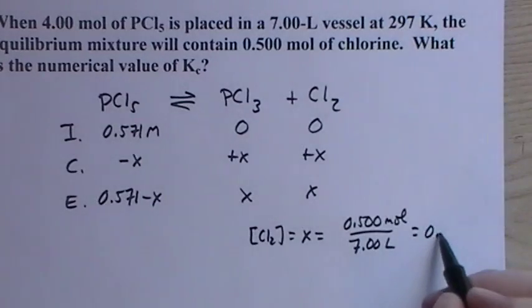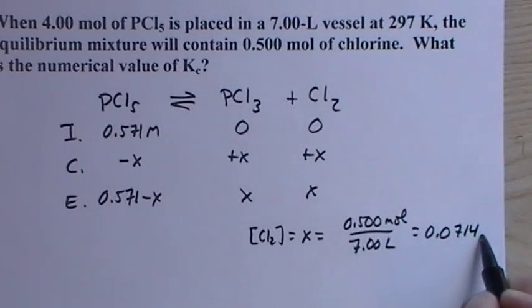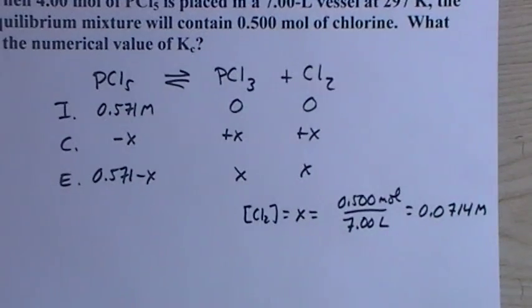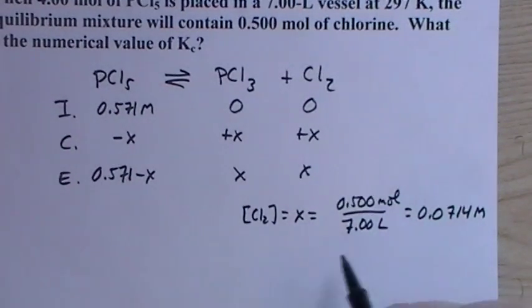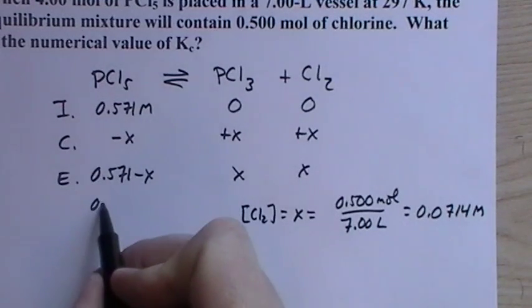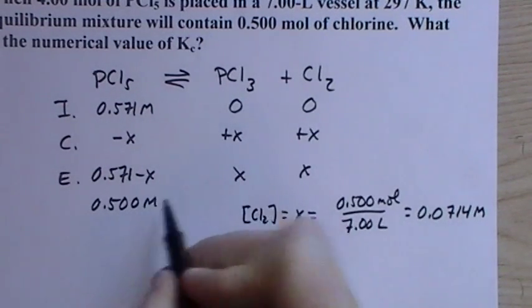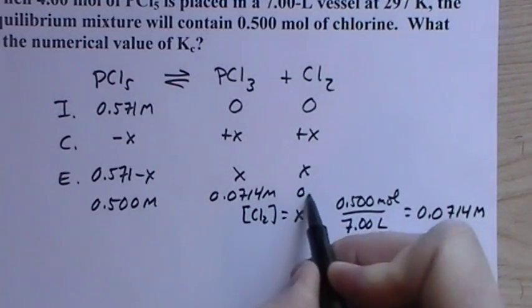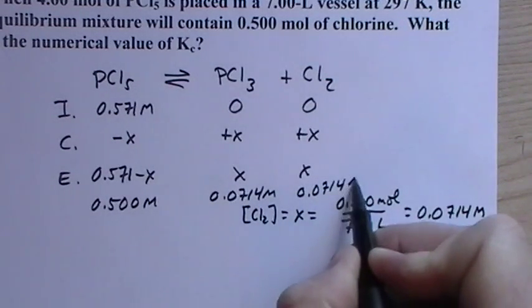So this is 0.0714 molar. And then once we know x, then we put all of the values, and this ends up being rounding to 0.5 molar. Then this is 0.0714 molar for each of these.